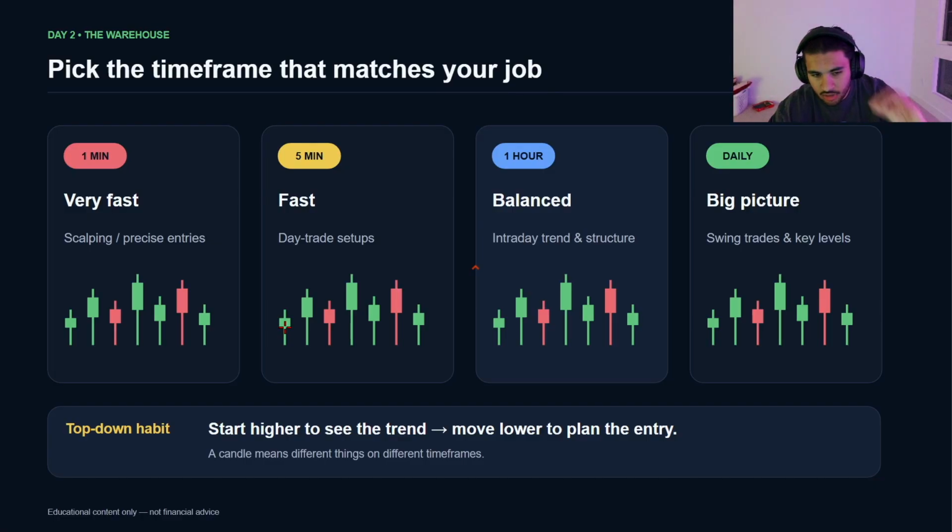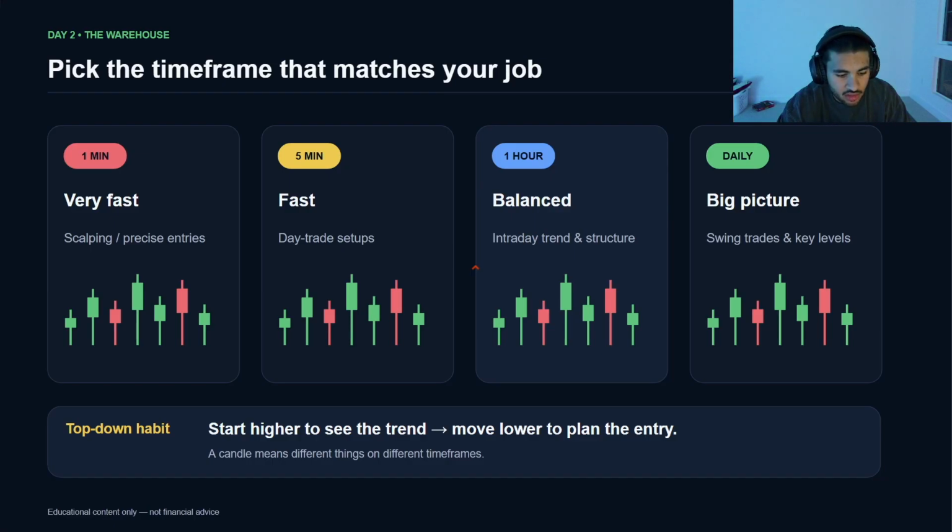I know it's sometimes a little hard to get through, but you're going to have to make it make sense. Each 5 minute candle contains 5 1-minute candles. Each 1 hour candle contains 2 30-minute candles. 1 30-minute candle contains 2 15-minute candles, and 1 15-minute candle contains 15 1-minute candles, or 3 5-minute candles, and so on. 1 hour contains 60 1-minute candles.